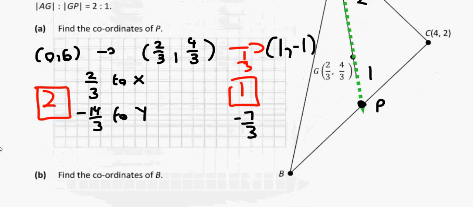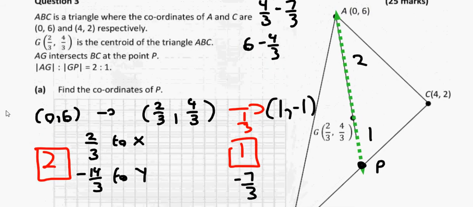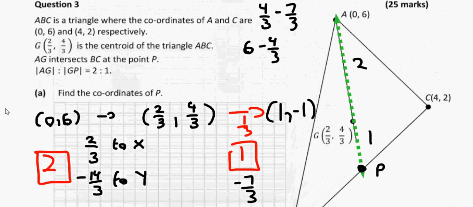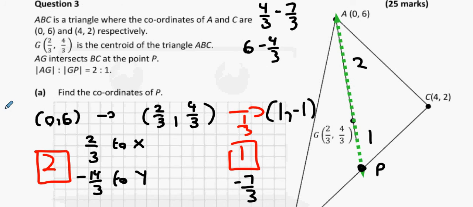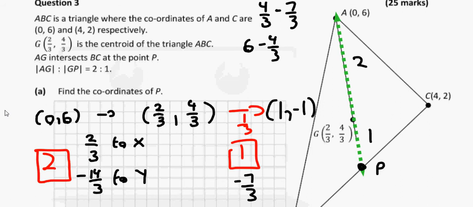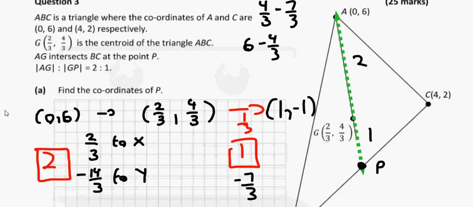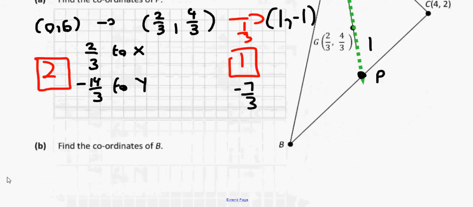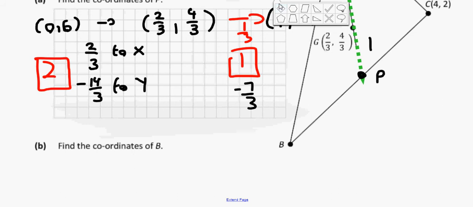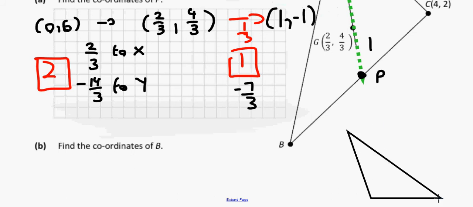Now the coordinates of B, what does it say about B? Alright, so, G is a centroid. What's the definition of a centroid? Does anybody know how to make a centroid? What is a centroid, lads? Anybody know? Huh? So 2 ways of doing this, alright?